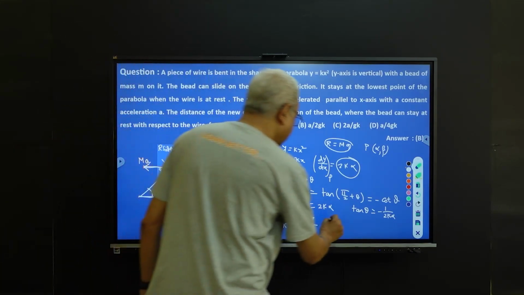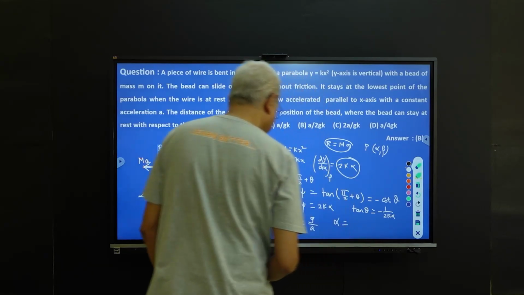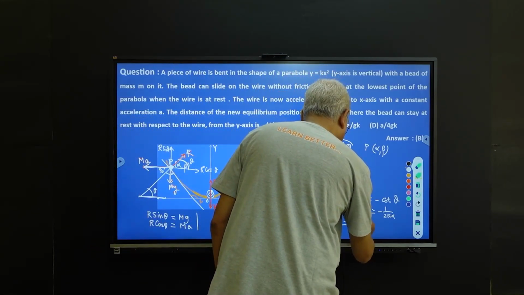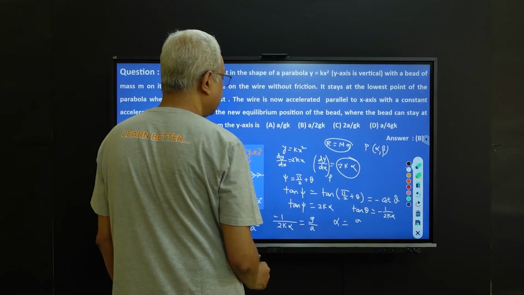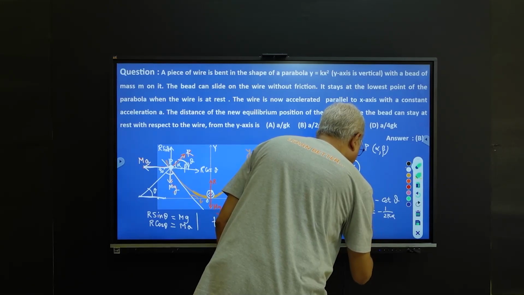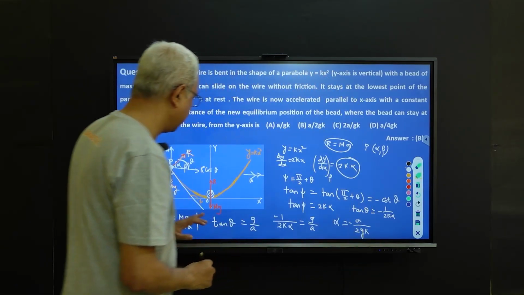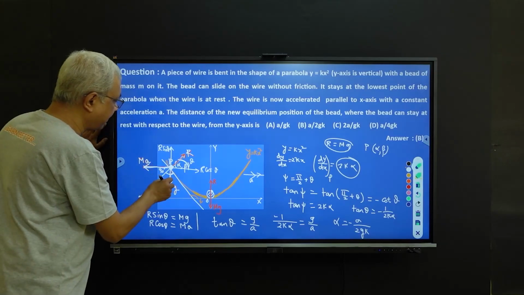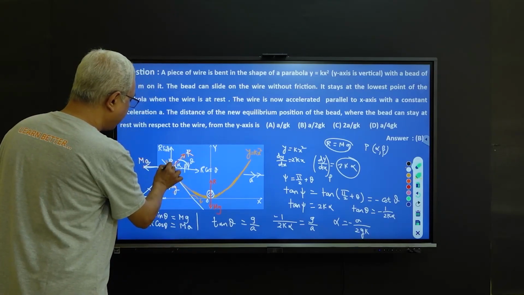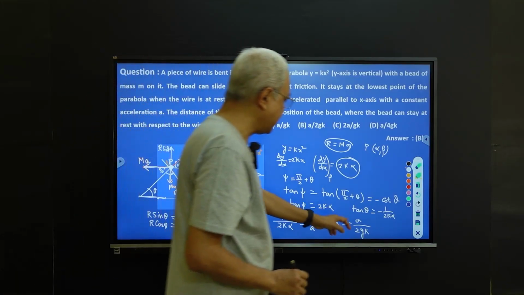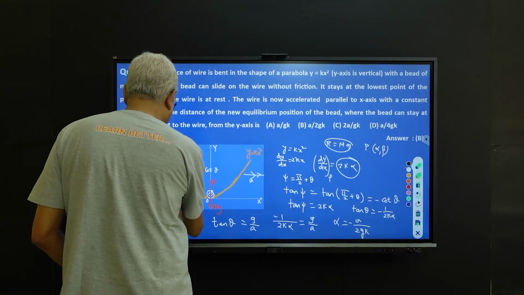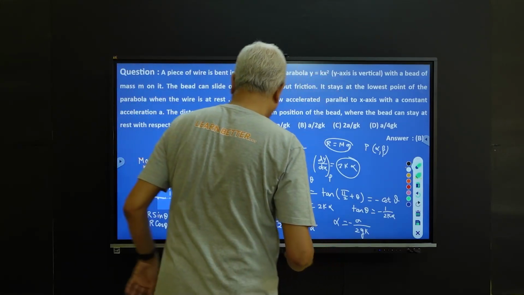So alpha is actually a by 2gk with a negative sign. So it indicates that it will be in the left part of the parabola, whose x coordinate is like this, and the y coordinate you can find out from this equation.